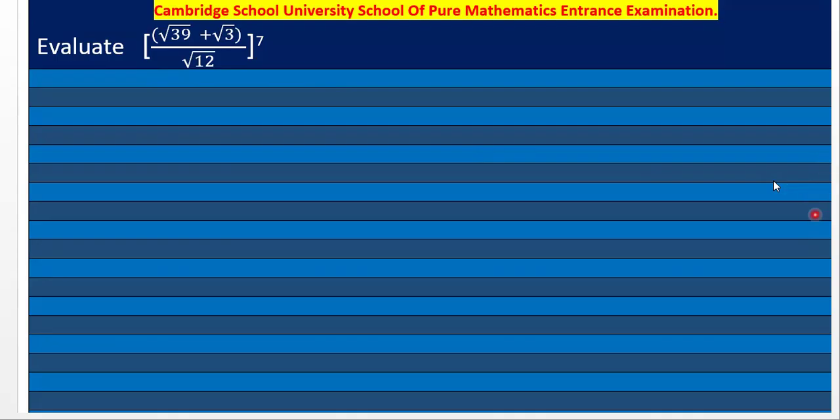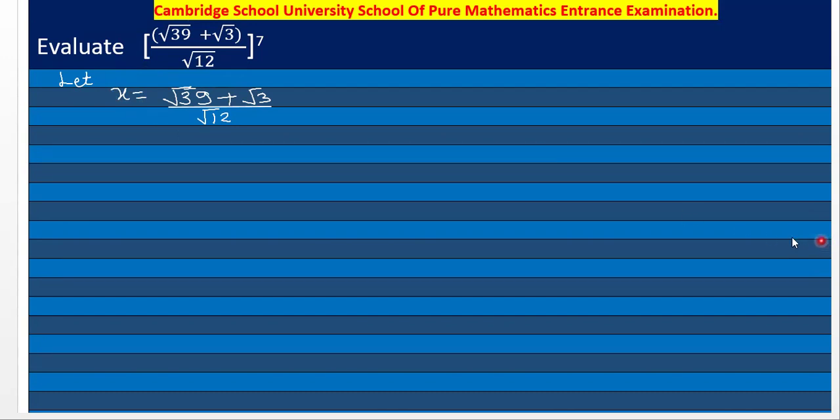Let x be equal to square root of 39 plus square root of 3 over square root of 12. We suppose this equal to x, and we have to calculate x raised to the power 7.